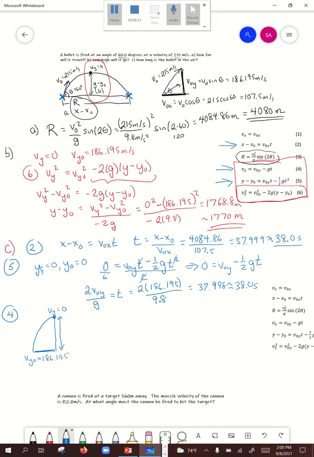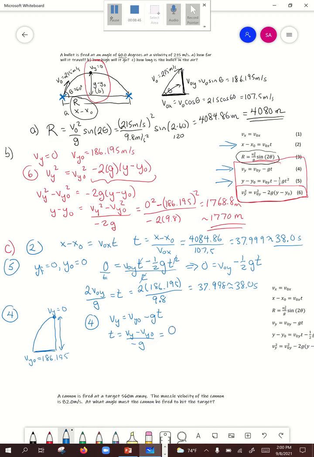So if I use equation 4, then I've got Vy equals Vy initial minus gt. Sometimes I write Vy initial, sometimes I write V initial y. It's the same thing. So t is equal to Vy minus Vy initial over negative g.